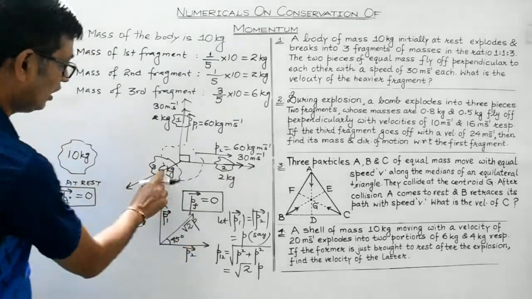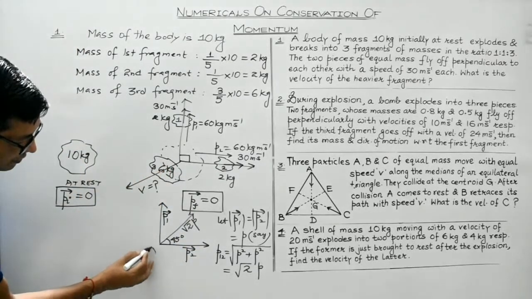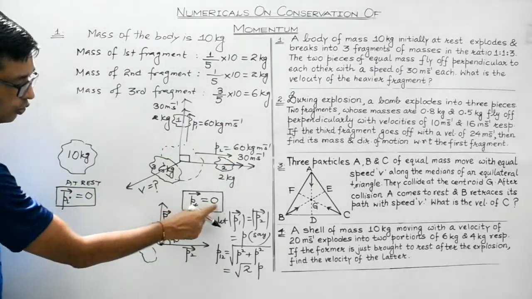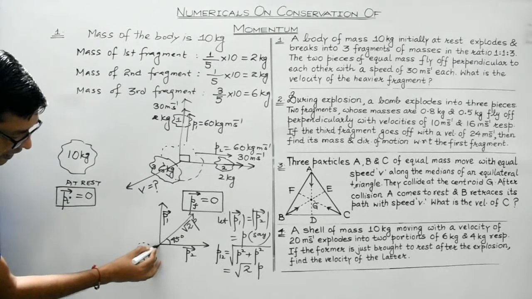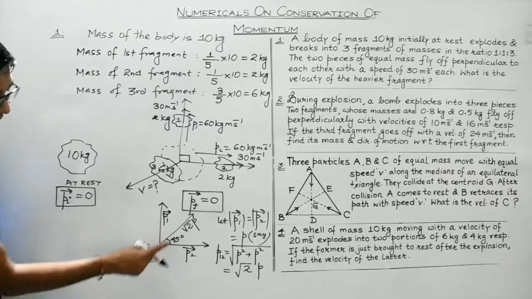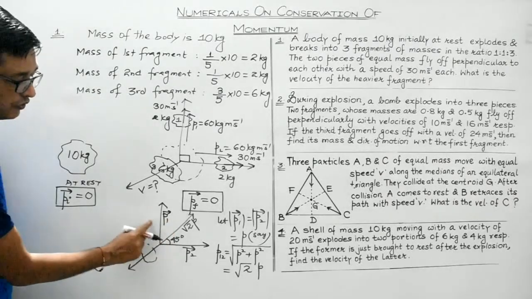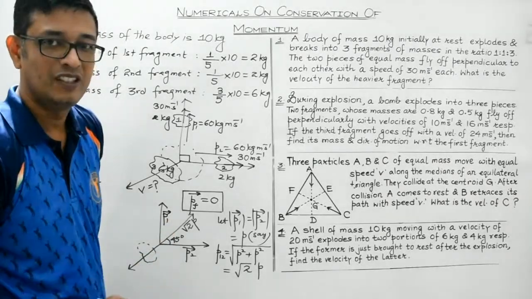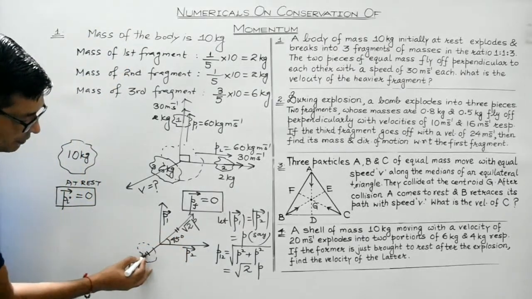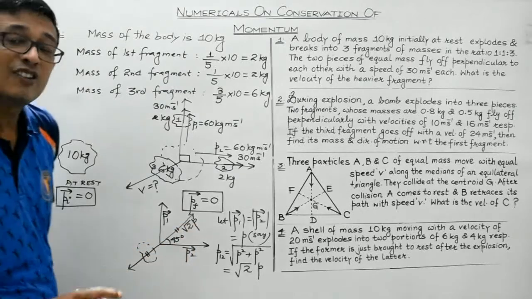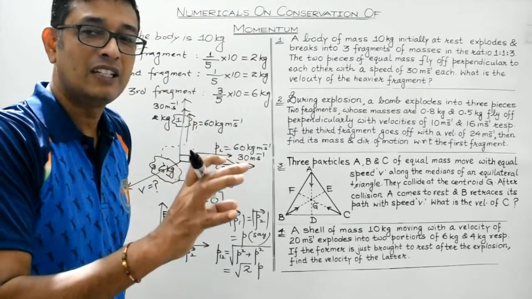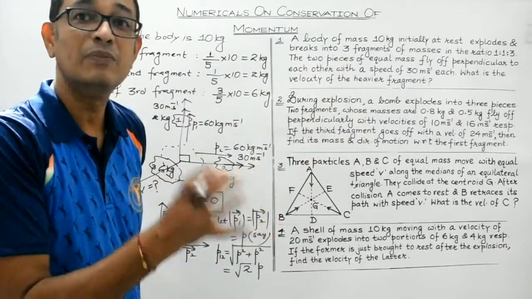Now, this is the third fragment I am talking about. Now, final momentum of the entire system can be 0 only when the third fragment possesses momentum whose magnitude must be equal to the resultant of P1 and P2. Right? So, the momentum of the third fragment must be equal in magnitude and oppositely directed. It is only then the final momentum of the system can be 0.